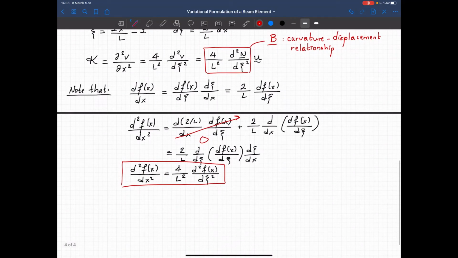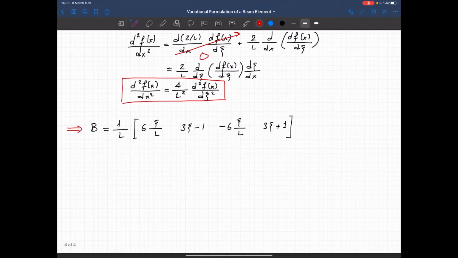Then our B matrix will be equal to one over L, 6 xi over L, 3 xi minus 1, minus 6 xi over L, 3 xi plus 1. That's the strain curvature displacement relationship.